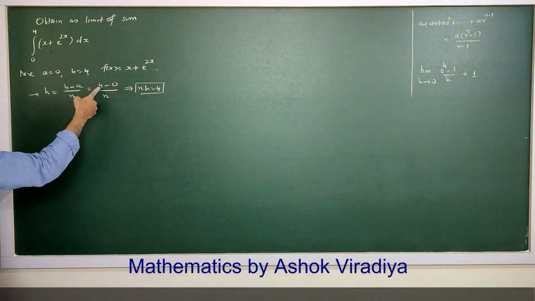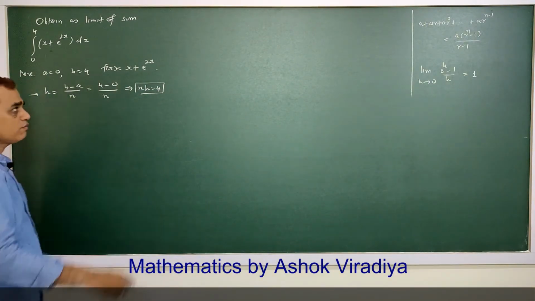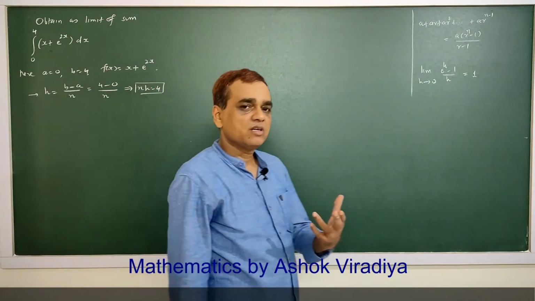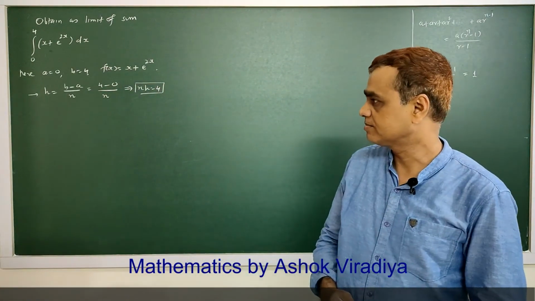See, h is 4 by n, so nh is 4. Get the value of nh; always nh will be constant.